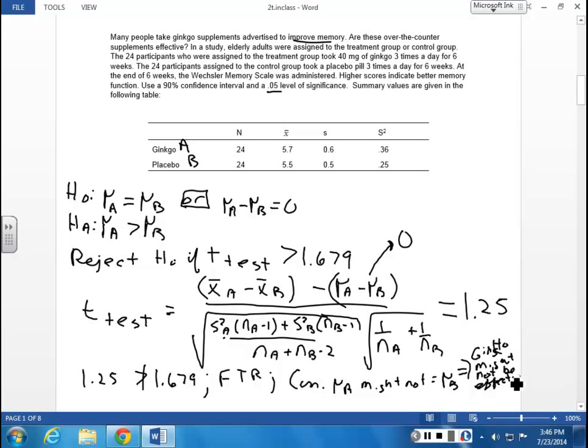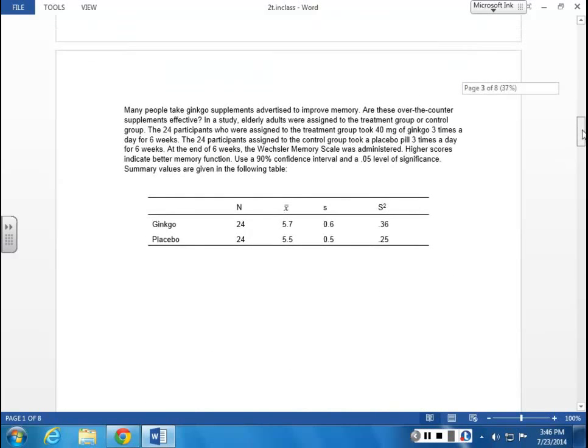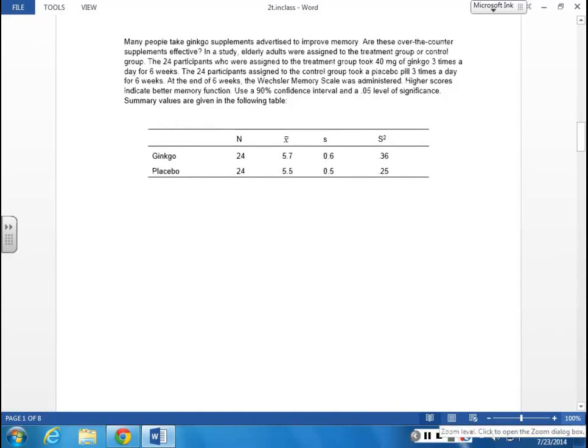You need to pause and get all that down. I'm going to move on to the p-value approach. Just to repeat, we had H0: mu A minus mu B is equal to 0.